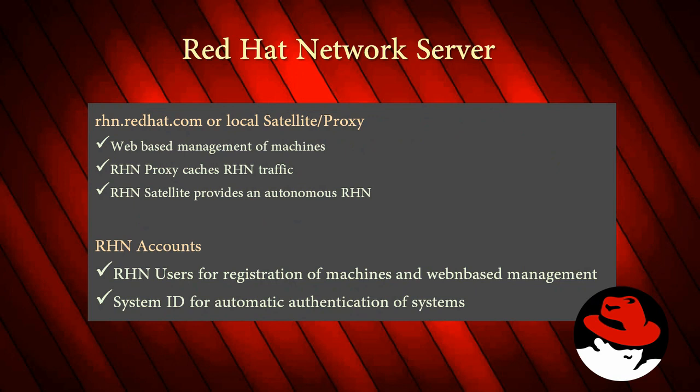Then we have the Red Hat Network server, which is rhn.redhat.com or a local satellite or proxy, which is web-based management of machines. It provides proxy caches for Red Hat Network traffic. RHN Satellite provides an autonomous Red Hat Network. You could go with a proxy or satellite based on your usage.